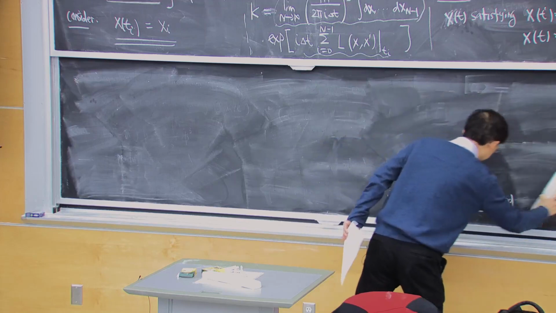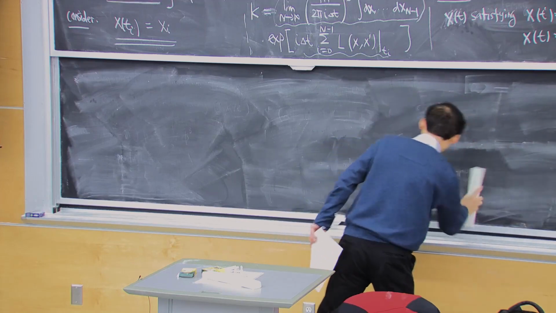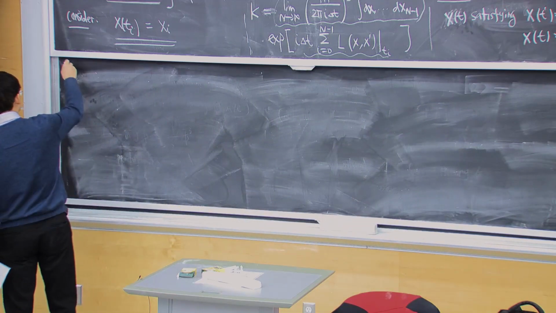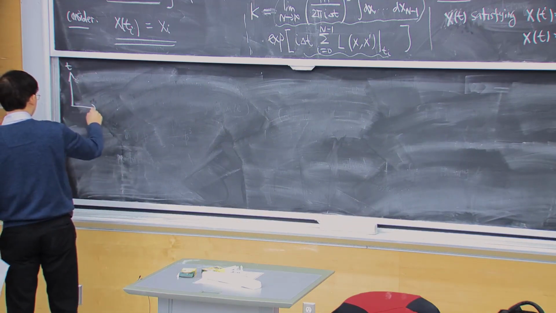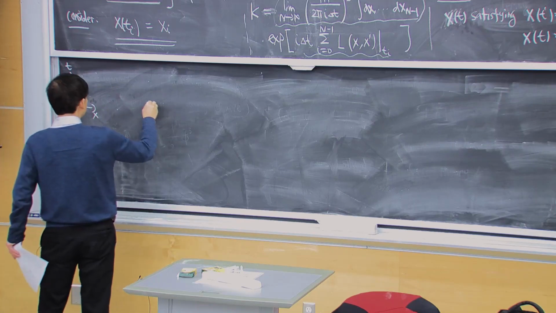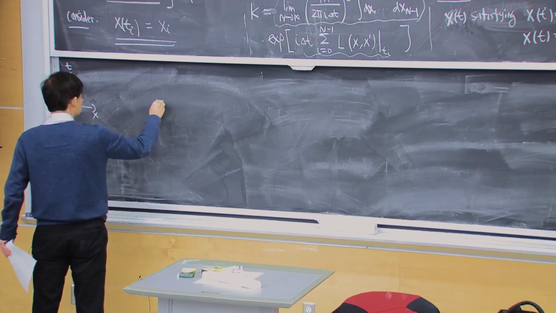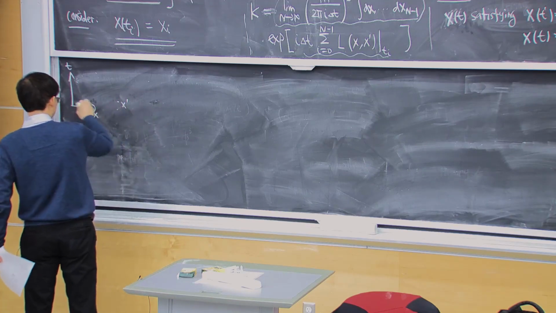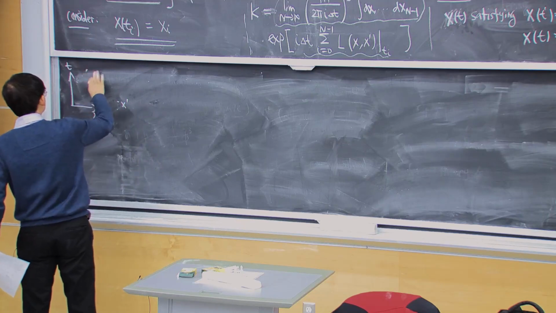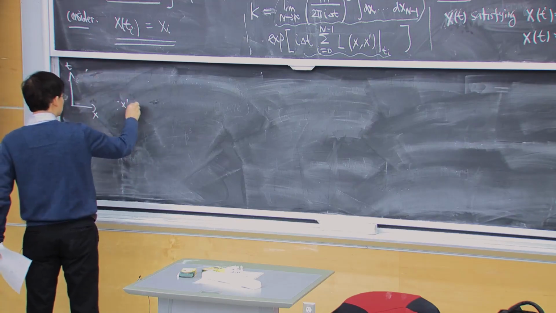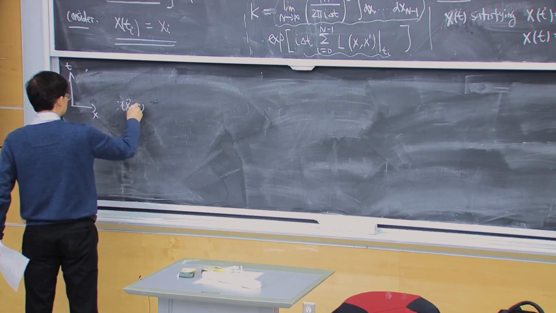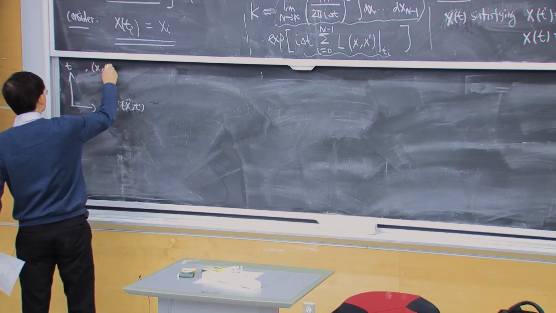Physically, suppose this is the t-axis and this is the x-axis, and the t prime is here. So here is x prime at t prime, and this point is x and t.